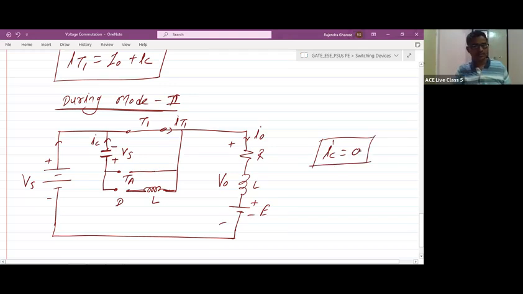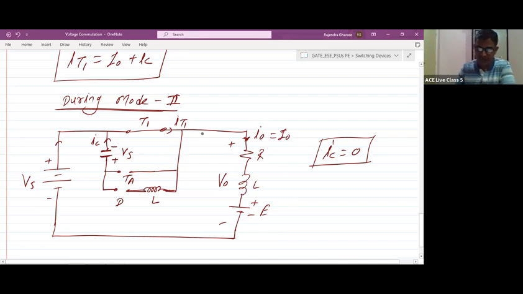Now, if the capacitor is not discharging, the inner loop current will be 0 only. The only current flowing is from the source towards the load through the main thyristor T1. But the load is highly inductive, so the load current is a constant current. So I0 is equal to I0 only.